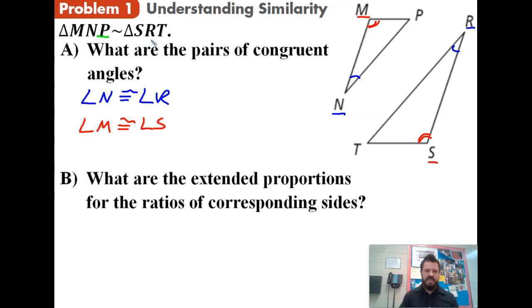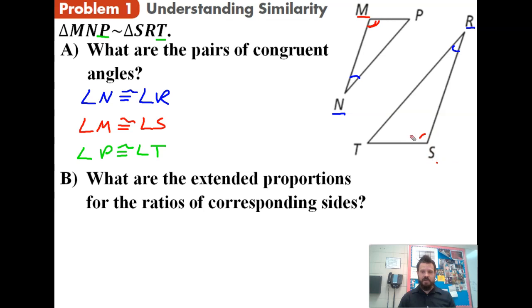Since angles P and T are both the last letters of my similarity statement, I know they have to be congruent to each other. Just like with congruent statements, we'll match up the congruent corresponding parts in our similarity statement.